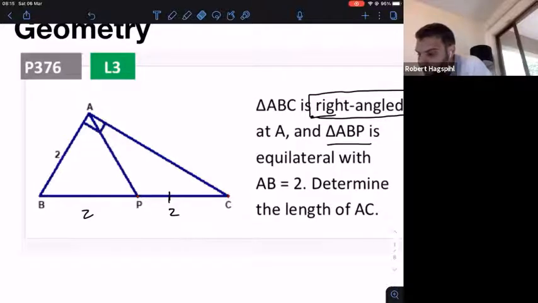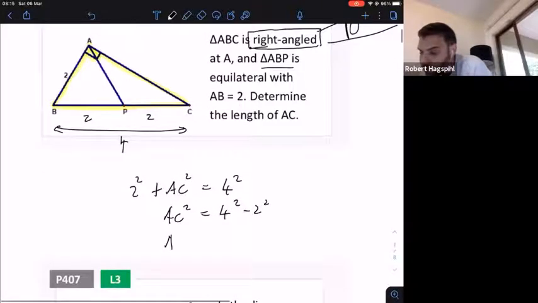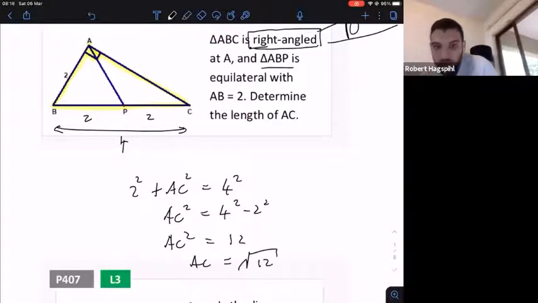If I know that this is a right angle triangle, I know this angle is equal to 90, I know that this whole hypotenuse is equal to 4, then I can use Pythagoras, and I can say the short side squared plus the other short side squared is equal to the hypotenuse squared, and I can get to 4 squared minus 2 squared. So this is 16 minus 4 is 12, and so AC is equal to root 12.